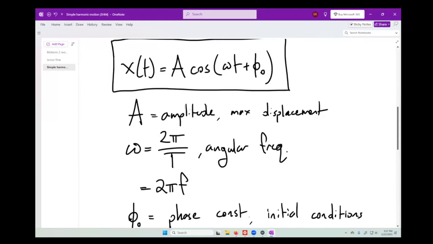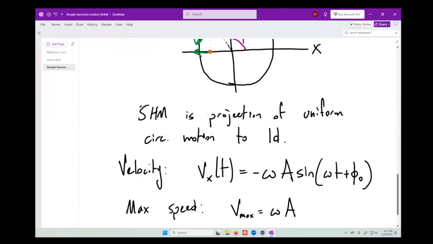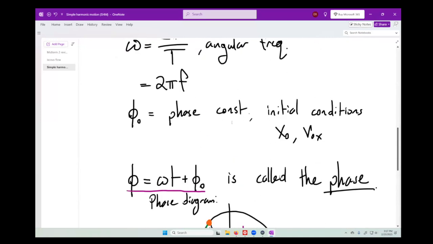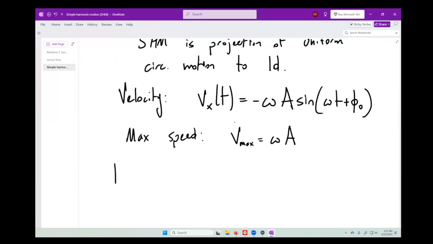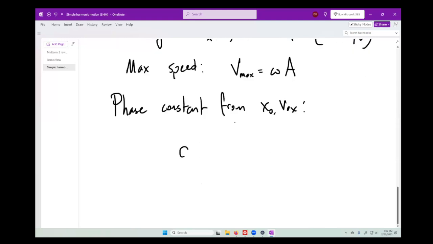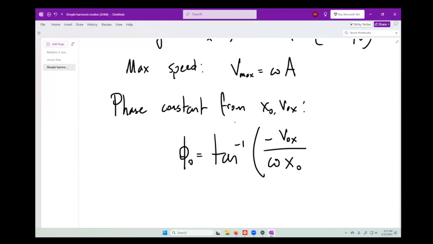Once we have these written down, we can write down a formula that allows us to calculate the phase constant from the initial conditions, namely this formula. Given that we know v naught x and we know x naught, we could plug into this formula.